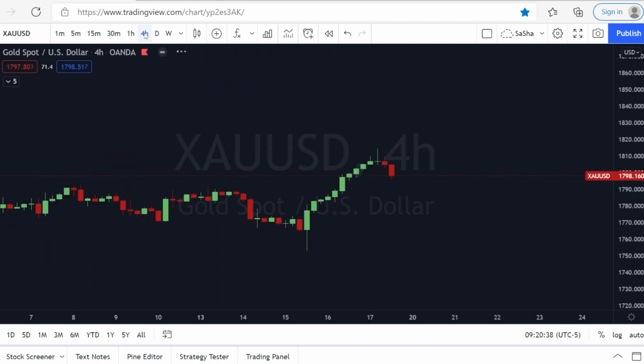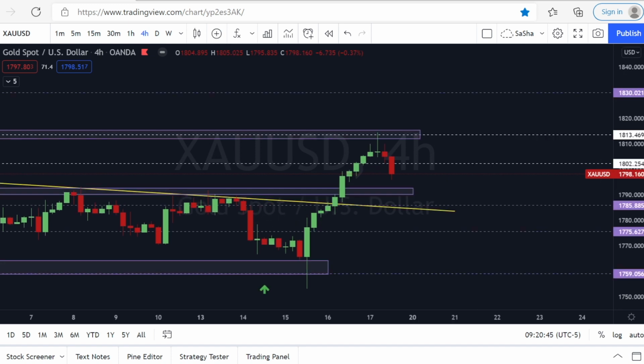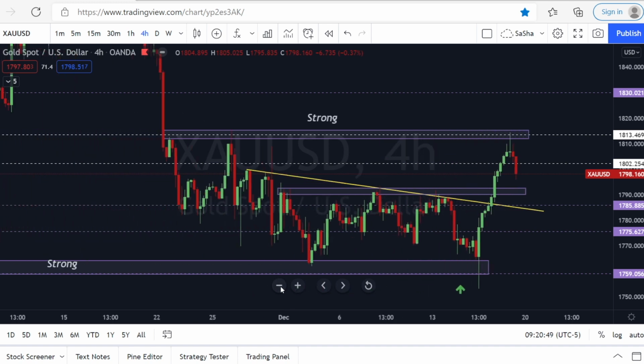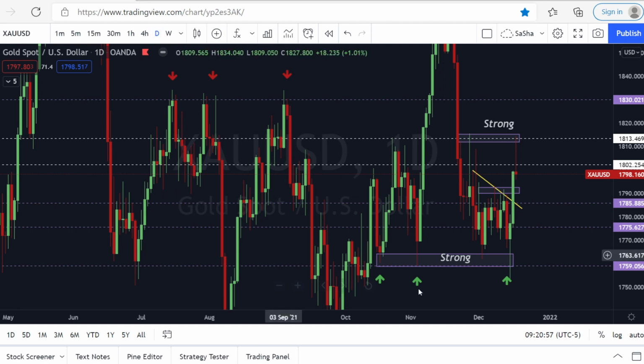Now let's have a look at the 4-hour chart, right? If I draw my levels and my zones on this 4-hour chart, we can all see that we had a good price rejection from the same area where we had rejected earlier as well. Almost the same area.